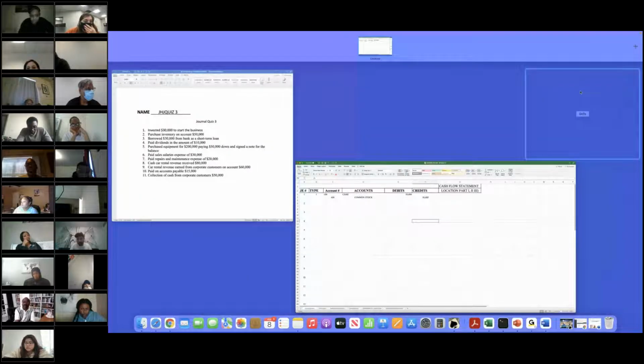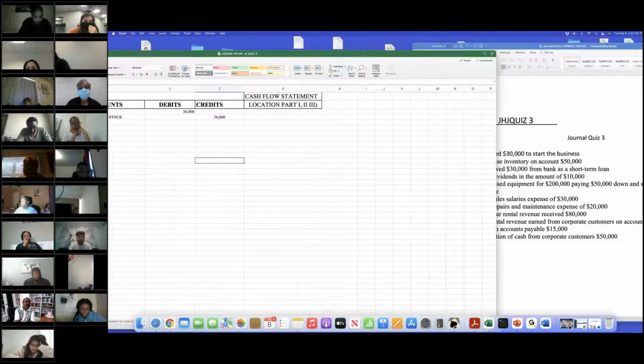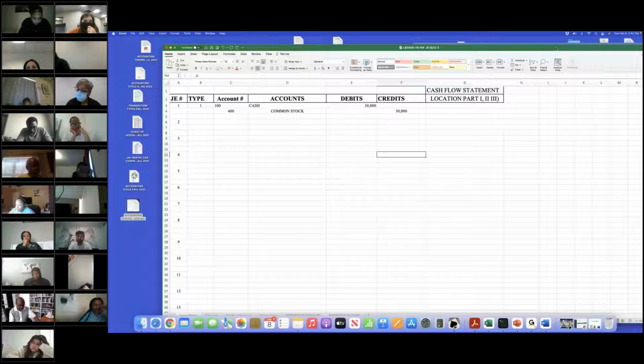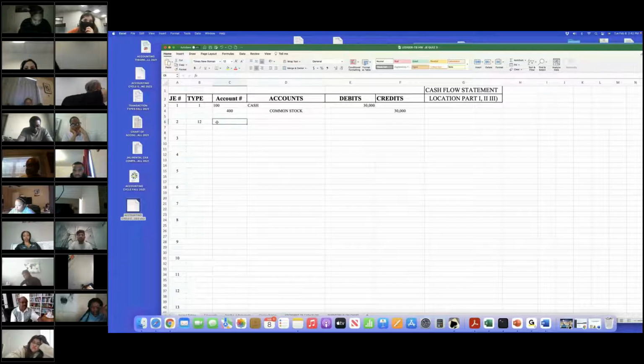And in journal entry 2, we purchased inventory on account 50,000. What's our type? 12. Our type is 12. So we're going to debit what? 120 inventory. Debiting 120 inventory.